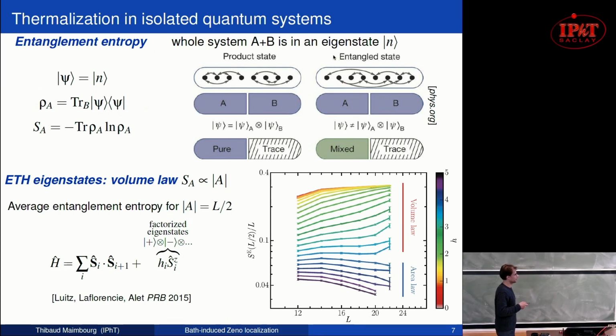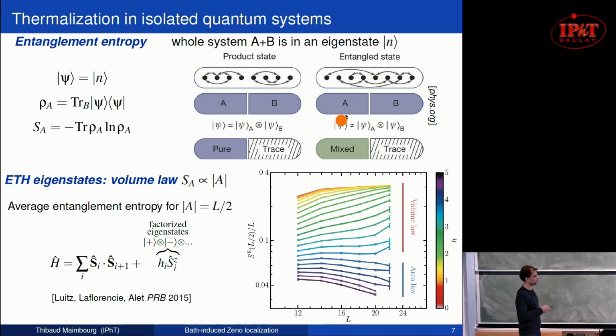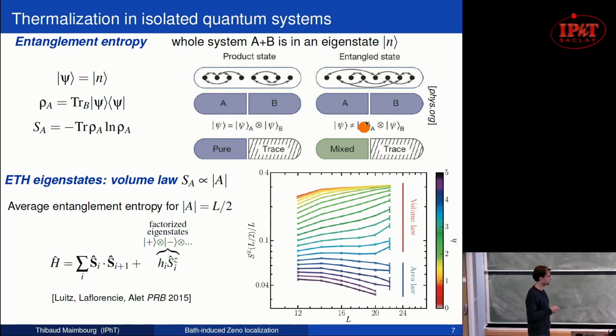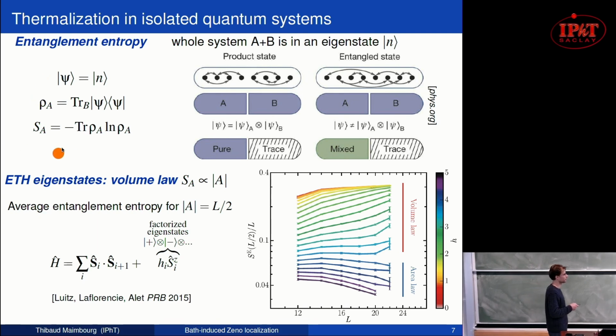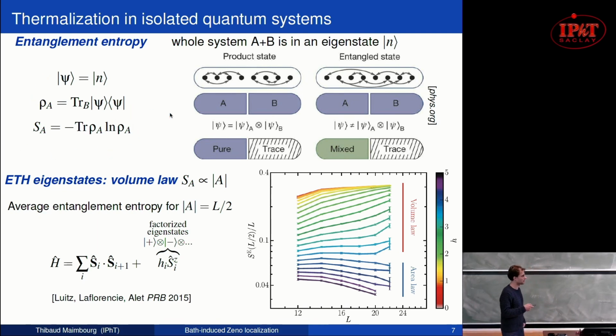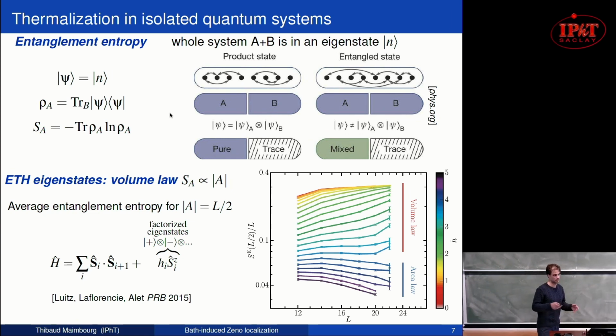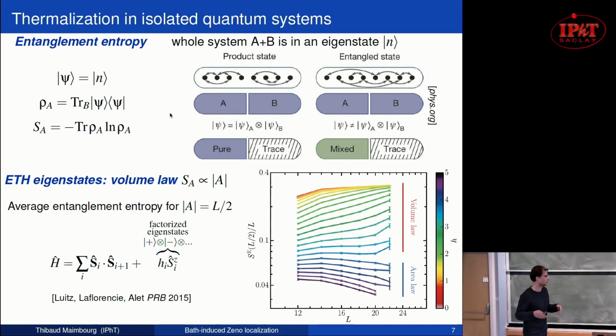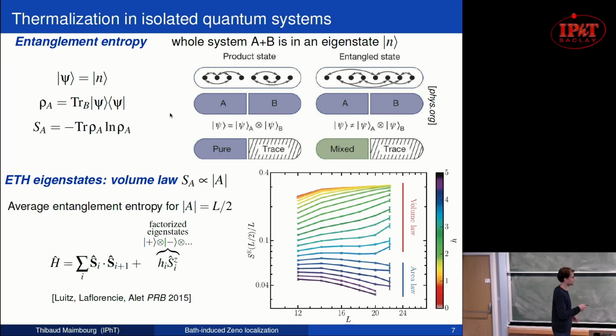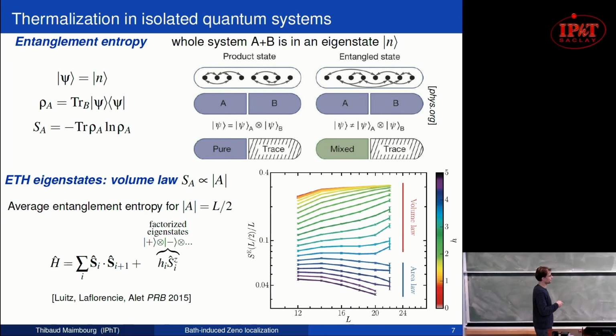You subdivide the system into two components, A and B, and you trace over the part B, and then you can look at the reduced density matrix of the system and compute its standard von Neumann entropy. That's called the entanglement entropy. What you expect is that an isolated system that thermalizes would act as its own bath. So if it's thermalizing, then this entropy would be extensive in the system size.